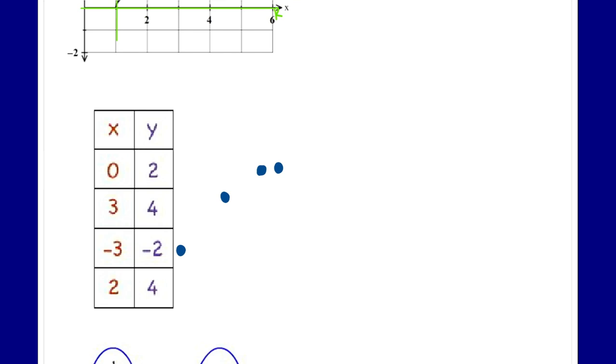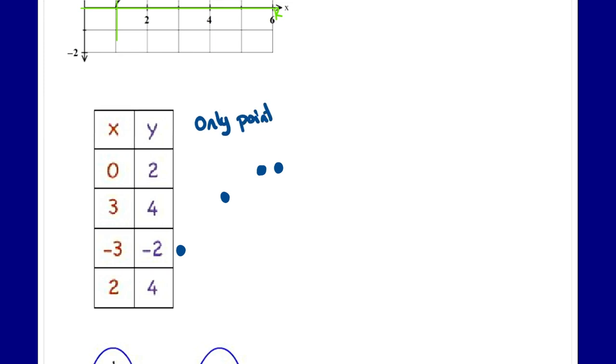There's nothing in this table of values to suggest that these points are connected, that the relation is a line going between all 4 of these points. For all we know, based off of what's given to us, it's just these 4 points. So here we can only assume that it's only points.